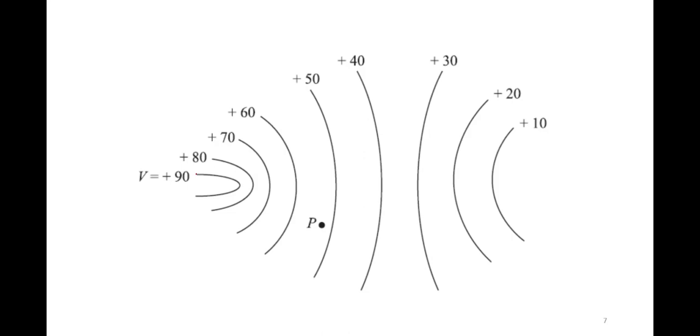On the left side we have the highest equipotential surface. On the right side we have the minimum equipotential surface. Now remember that the electric field is directed from the higher potential equipotential surface to the lower equipotential surface.